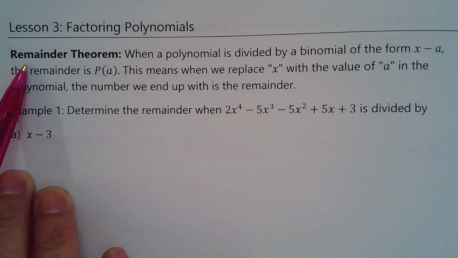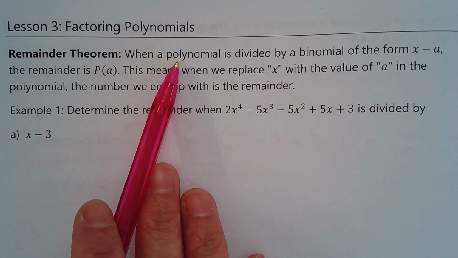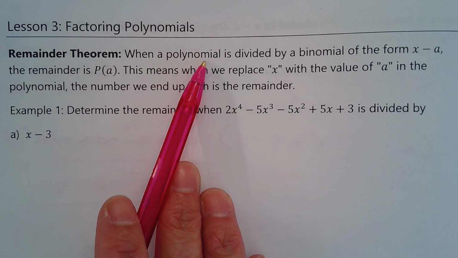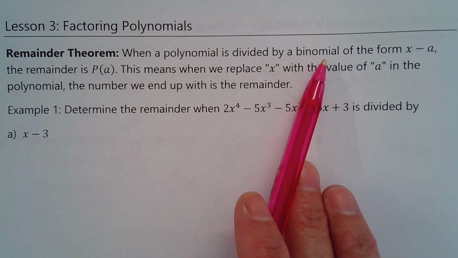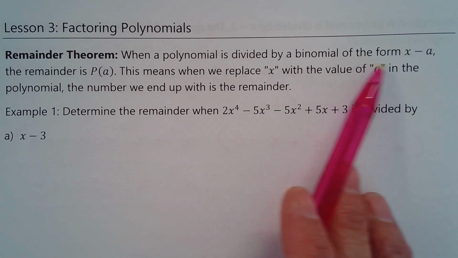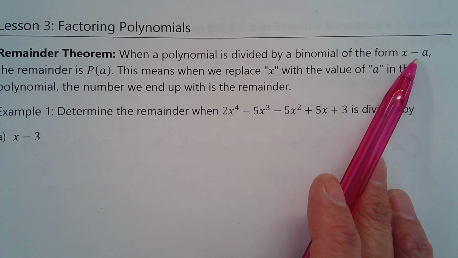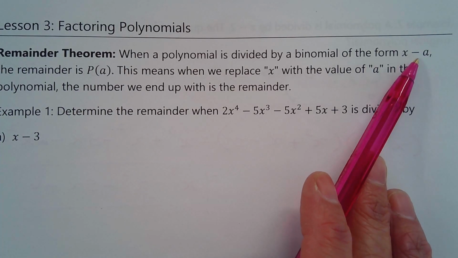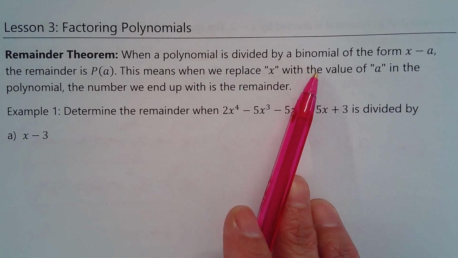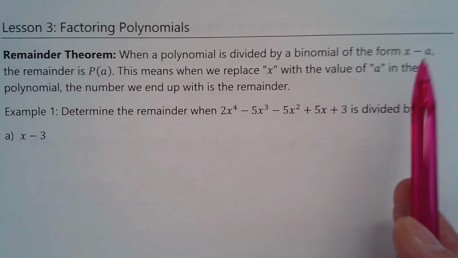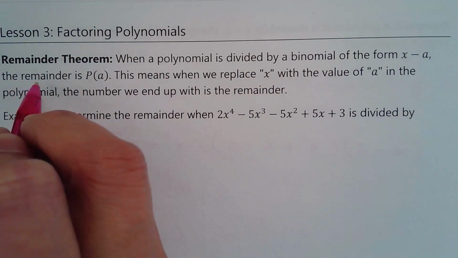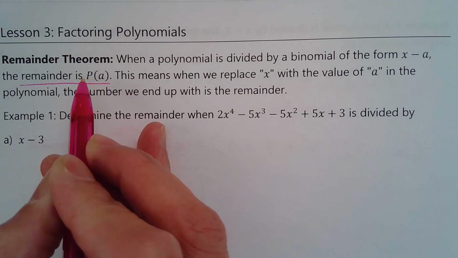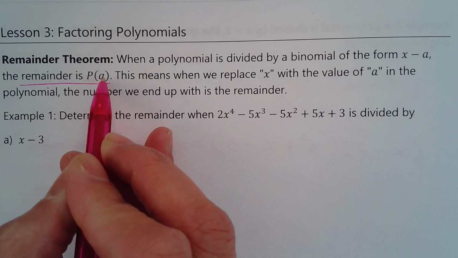Theorem, that means it's already been proven. So, remainder theorem: when a polynomial is divided by a binomial of the form x minus a, okay, we've already seen something like that, the remainder is p of a.